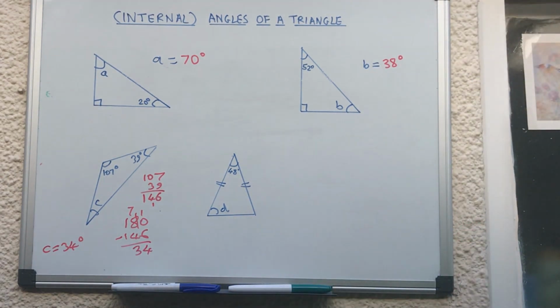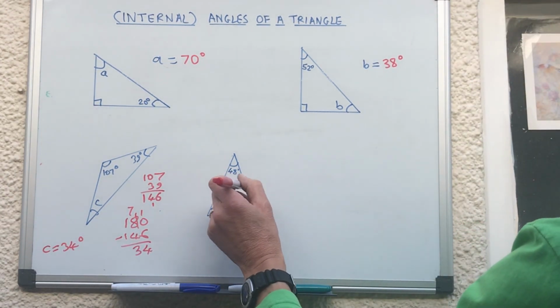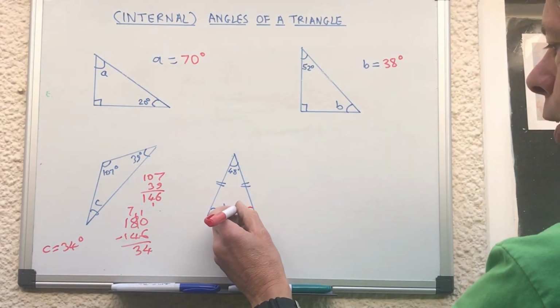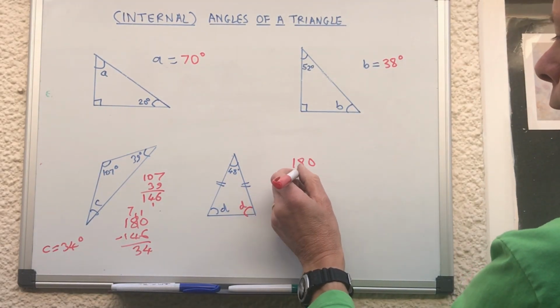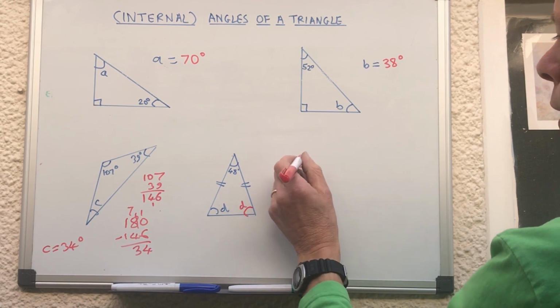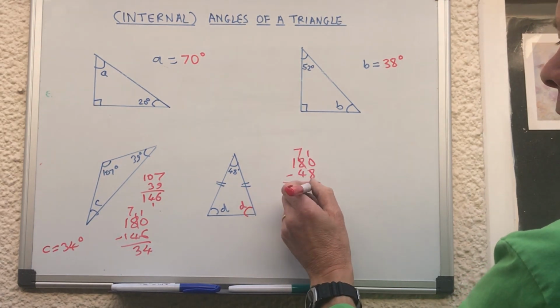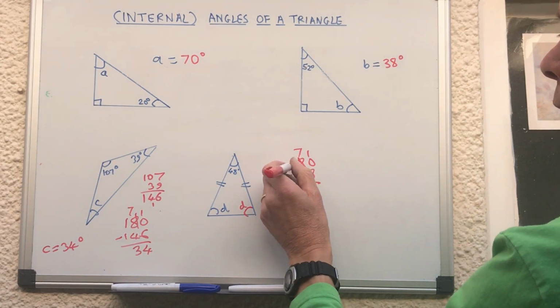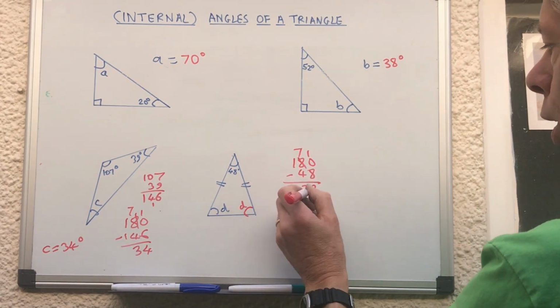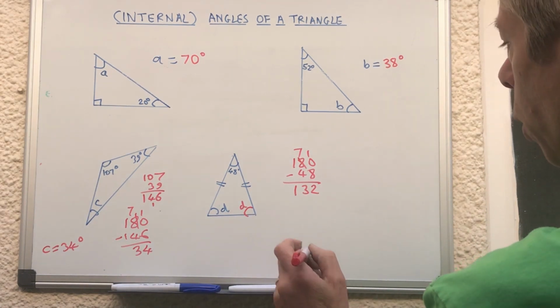And then the last one, okay, so we know it's an isosceles triangle, which means that must be D as well. So if we do 180, take away 48, 10 take away 8 is 2, 7 take away 4 is 3, and then 1 take away 0 is 1. So we have 132.